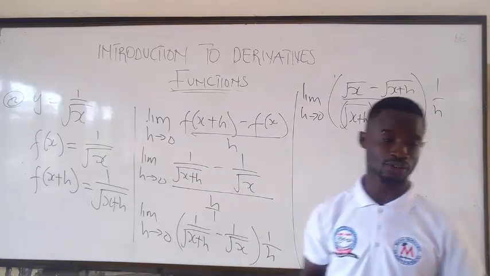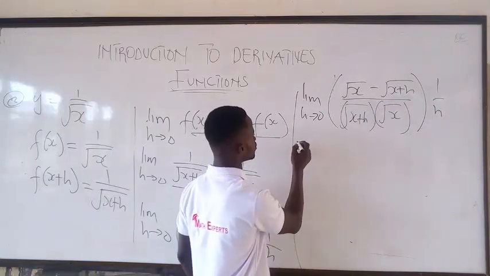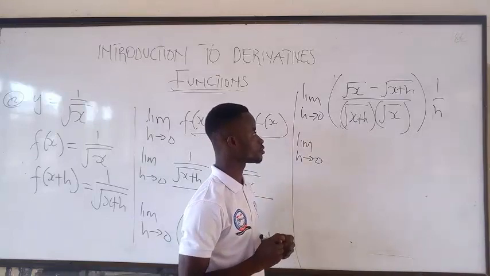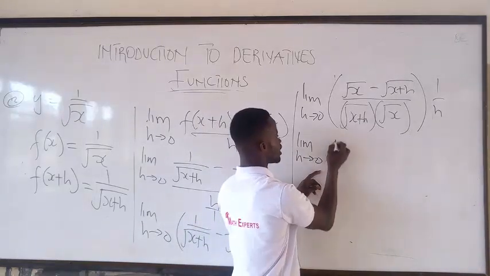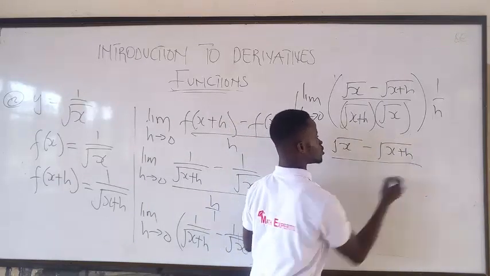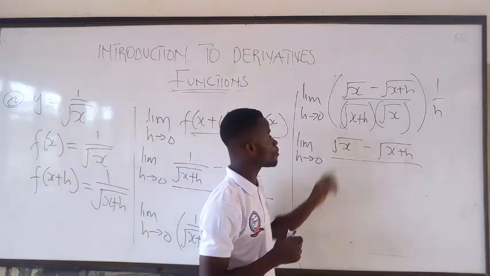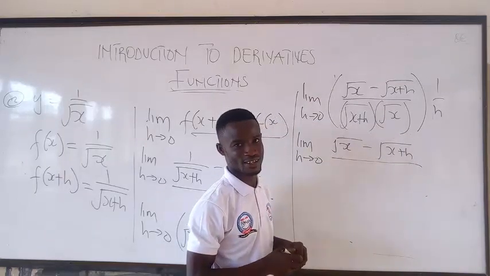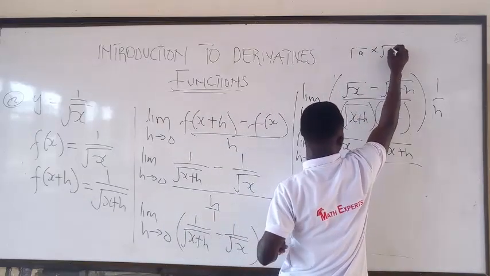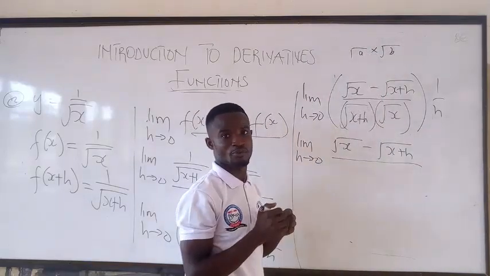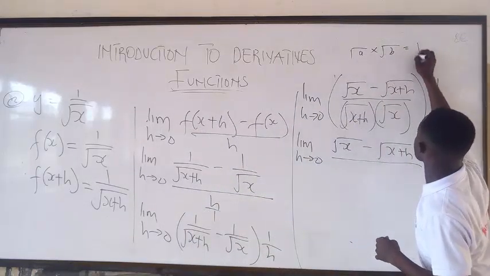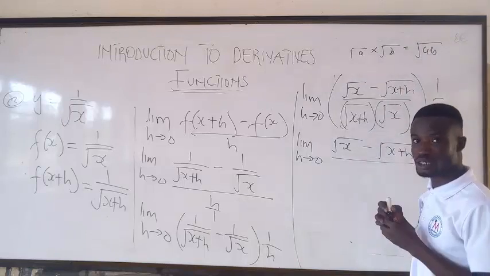Alright, so let's continue. So the limit as h approaches 0. Now we have x minus x plus h, all these over. Remember, this is going to multiply this. But don't forget that if you have square root of a times square root of b, since the insides are not the same, you are going to get square root of a times b.